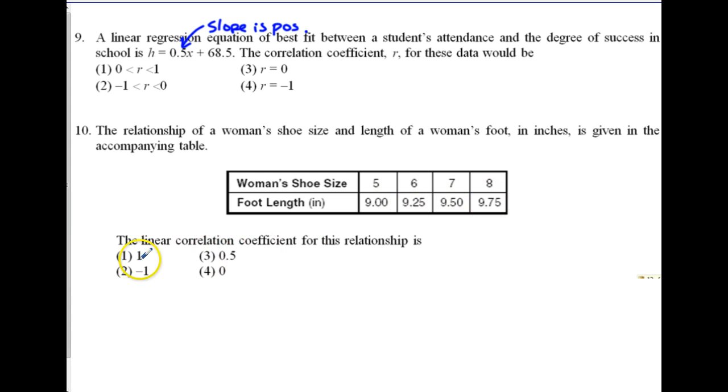So I can definitely say it's not between -1 and 0. So the question is, is it a perfect fit or is it really a crummy positive fit? And as we can see, as X goes up by 1, Y goes up by 0.25 each time. So it seems like there is a perfect fit here, and the answer is choice 1.